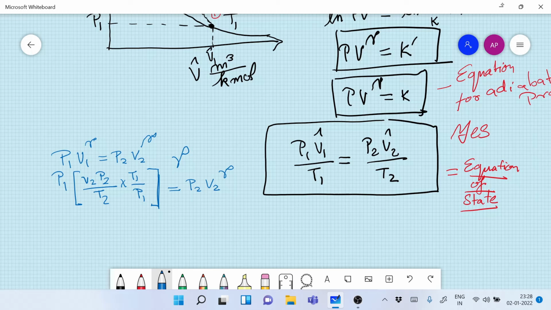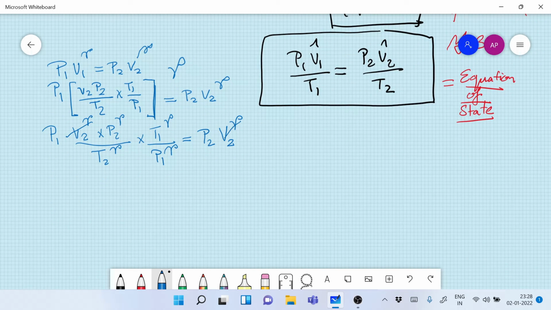Now, this equation is P1 V2 the whole raised to gamma into P2 the whole raised to gamma upon T2 the whole raised to gamma into T1 the whole raised to gamma upon P1 the whole raised to gamma is equal to P2 V2 the whole raised to gamma.